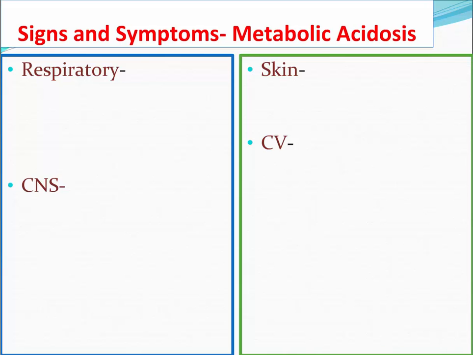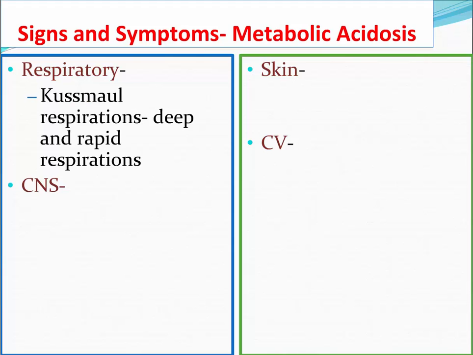Signs and symptoms of a client experiencing metabolic acidosis are as follows. As far as the respiratory system, they may be exhibiting Kussmaul respirations, which are deep and rapid respirations that serve as a compensatory mechanism to help blow off the extra CO2.